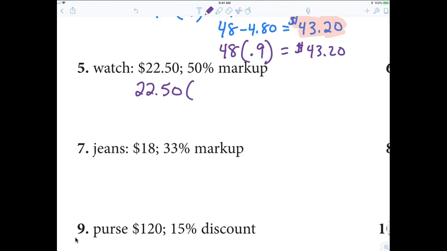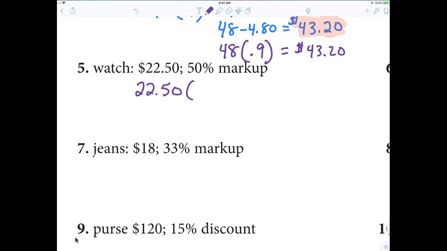So if it's a markup, we're taking 100% and we're adding what? Yes. You with me? So it's 100% plus 50%, Julia. So altogether that makes what percent? Yes, but I'd rather you say 150%. And then my next question is, what decimal is that? Right? So 100% plus 50% is 150%, which is the same as 1.5.